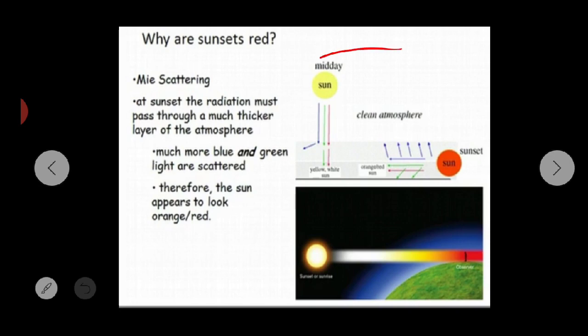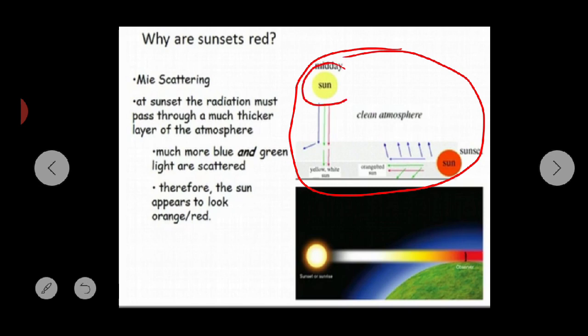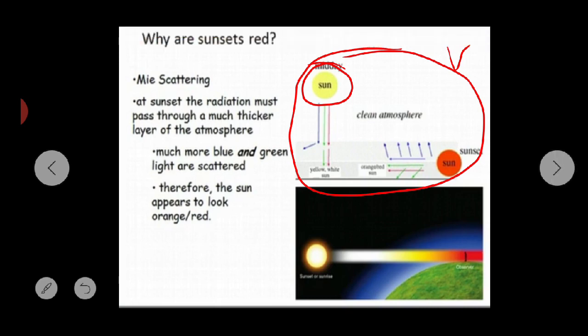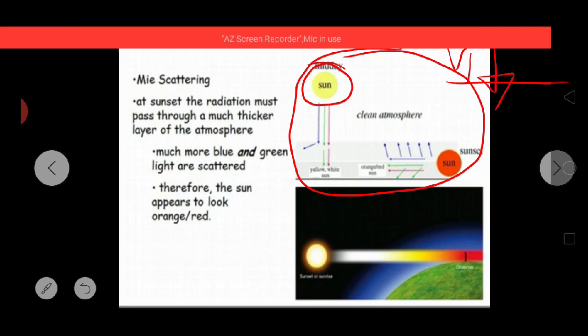So during the daytime, the sun is exactly above our head, and VIBGYOR, that is rainbow light, all these lights are coming from the sun.